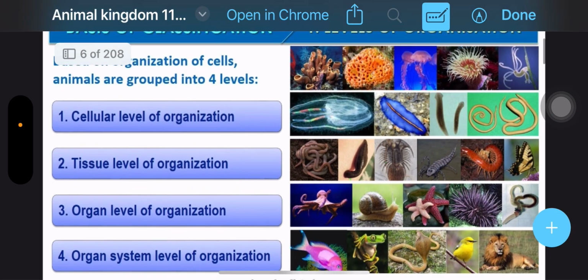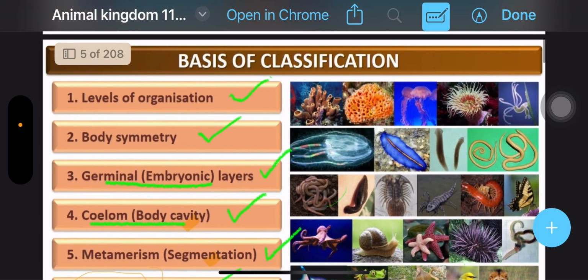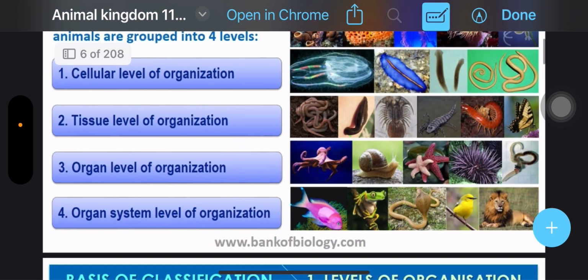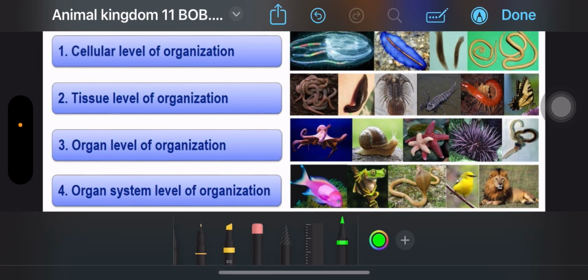These are the 4 levels of organization. First, we have cellular organization. Animals with a cell level are called cellular organization. The best example is sponges, poriferans. Tissue level of organization: Coelenterata and Ctenophora.